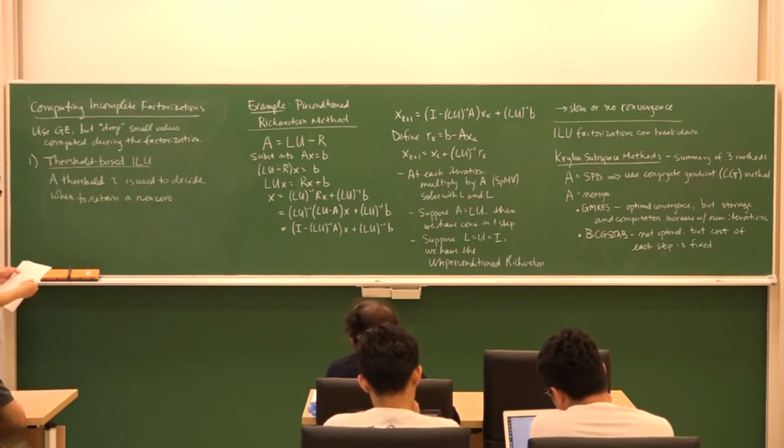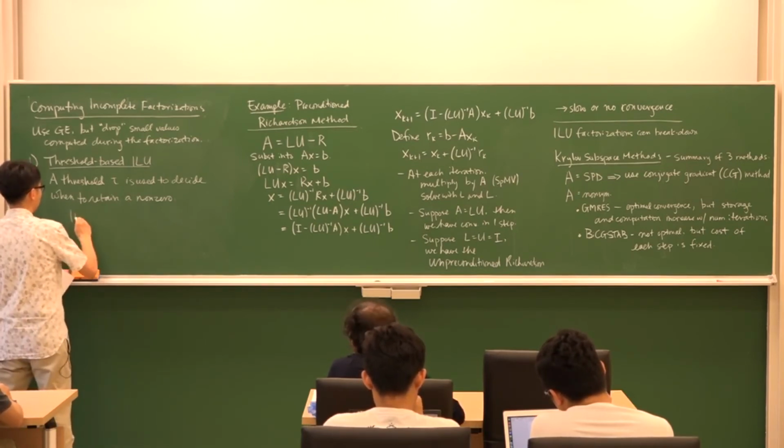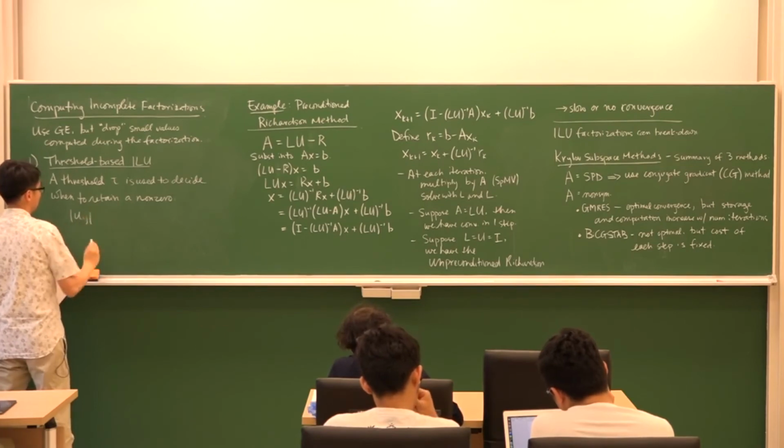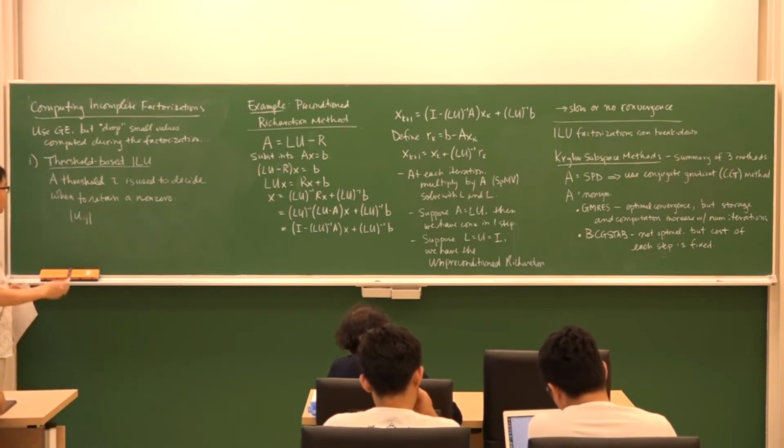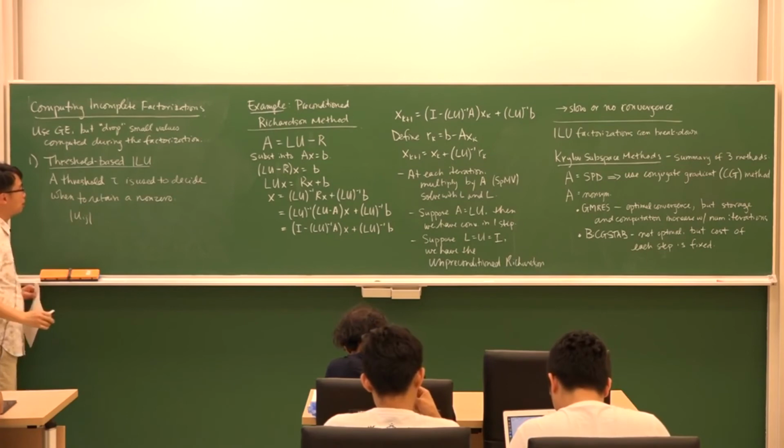So for instance, I'll describe what I think happens in MATLAB. MATLAB has an incomplete factorization code. So if we have an entry, a non-zero in the upper triangular factor, I'm going to call it Uij.